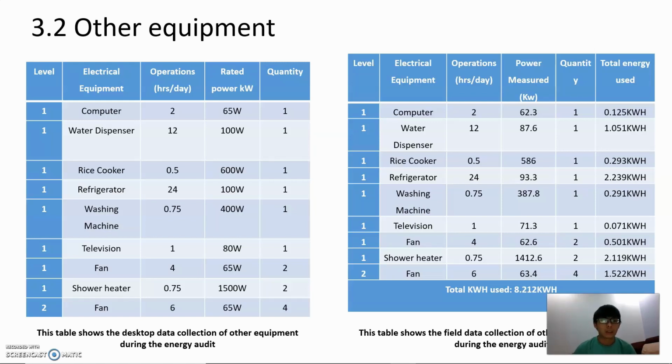Okay, there are two fans in this house and the fans operate 4 hours per day. The rated power of the fan is 65 watts and the power measured is 62.6 watts. Next, the shower heater has the highest rated power, which is 1500 watts, and a power measured of 1.41 kilowatts.